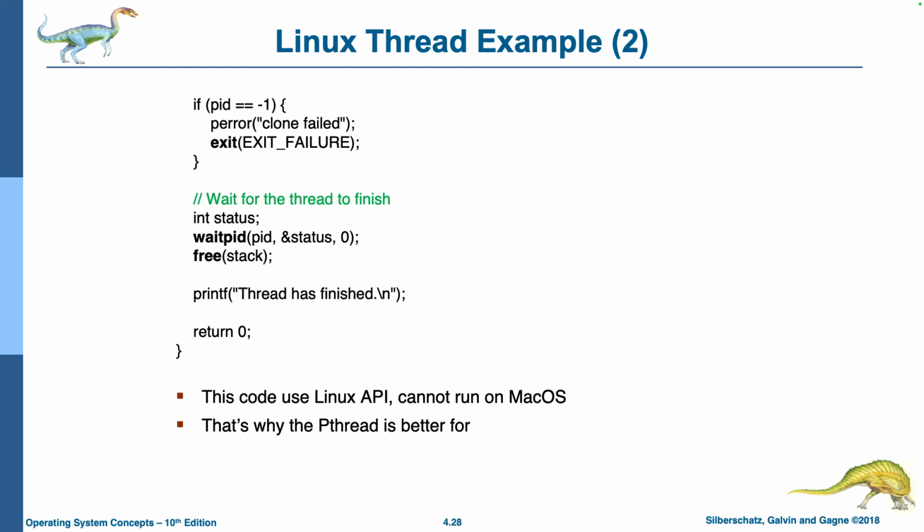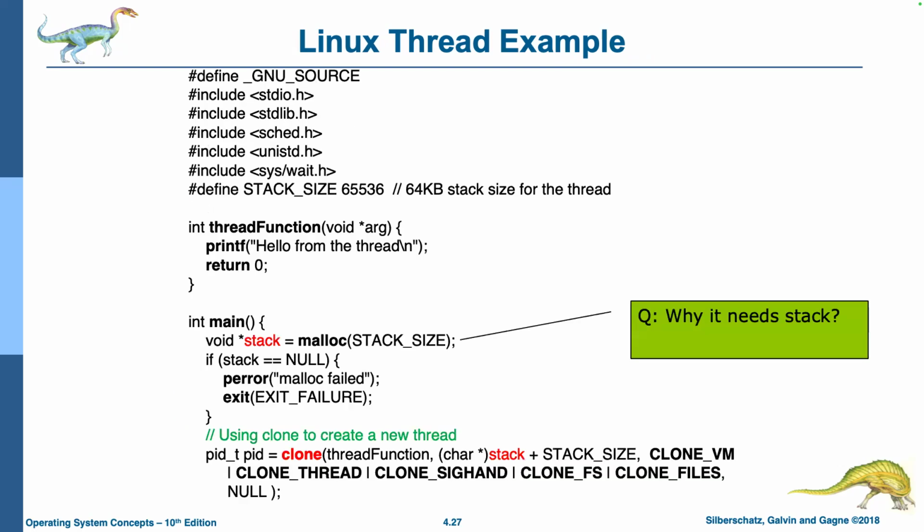That's why sometimes using glibc is better. Once an operating system supports glibc, it can use the glibc libraries, but this one is not portable from Linux to Mac. That's why pthread is better. Any problems here? We rarely use them, but you should know.